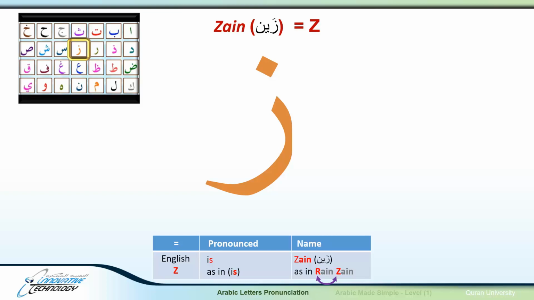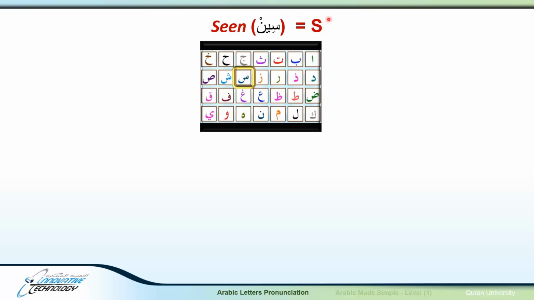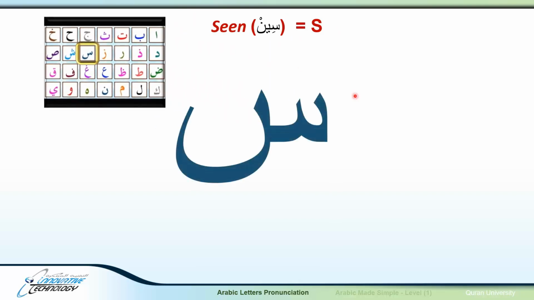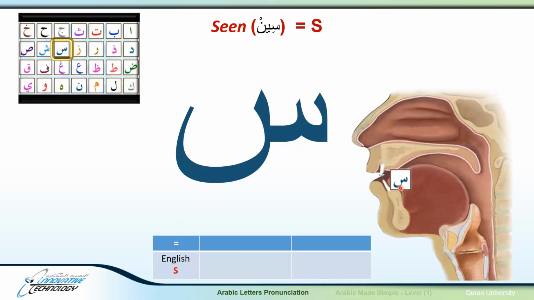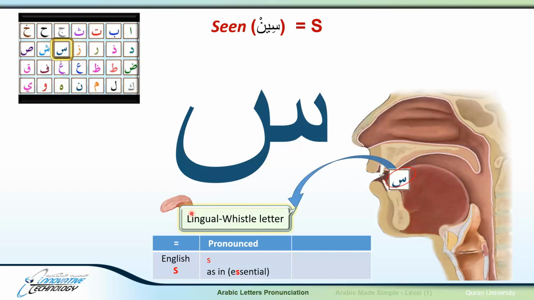The next letter is the sin. Sin looks like this, and is equivalent or similar to the English S. Pronounced s, as in essential. The sin articulates between the tongue and the lower incisor teeth, and it also produces a whistling sound as we pronounce it, and that's why we classify it based on the articulation into a lingual whistling letter as well.